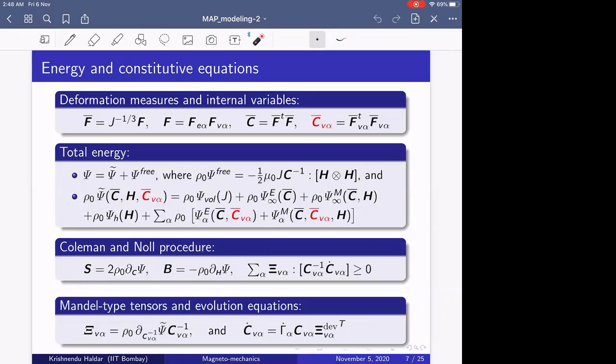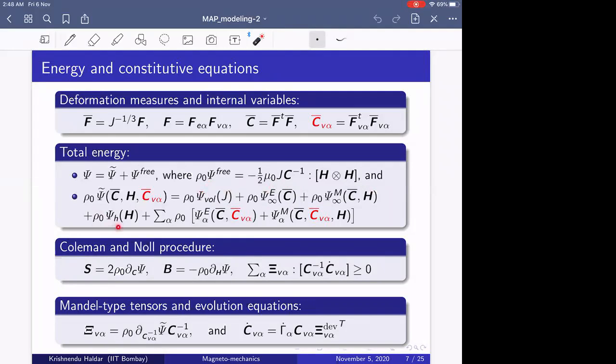And so we are writing our total energy density as the volumetric part, plus the total elastic part, which is only a function of C bar, plus some magnetoelastic part. So we have only the deformation and H coupling, some function that we would like to propose.